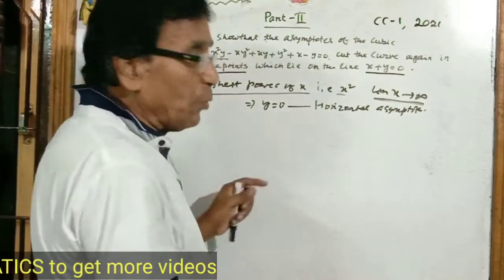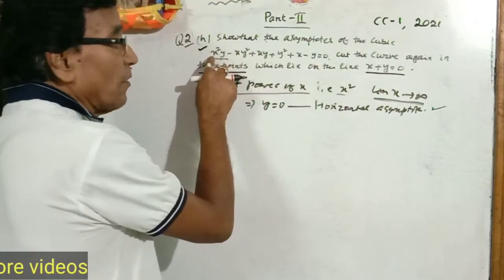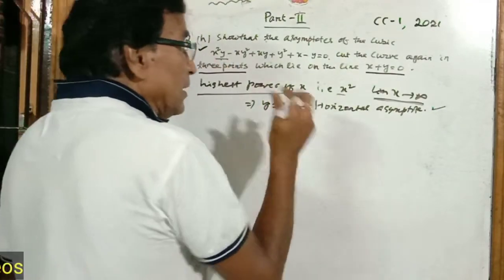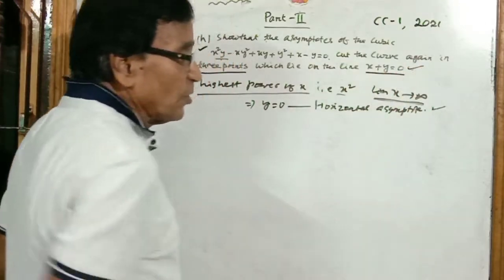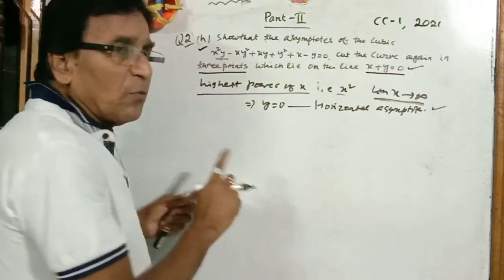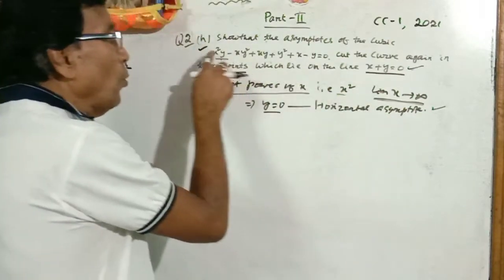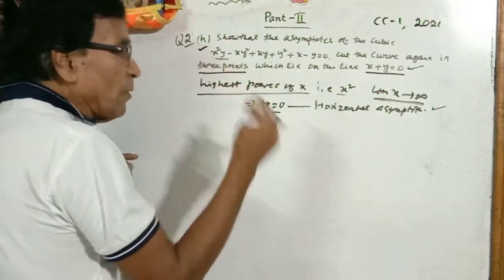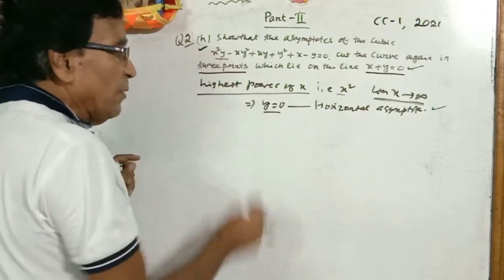Now here we will prove that this asymptote cuts this curve at a point which is lying on the line x plus y is equal to 0. So we have to find the point of intersection of this horizontal asymptote with the given curve. How can you find it?